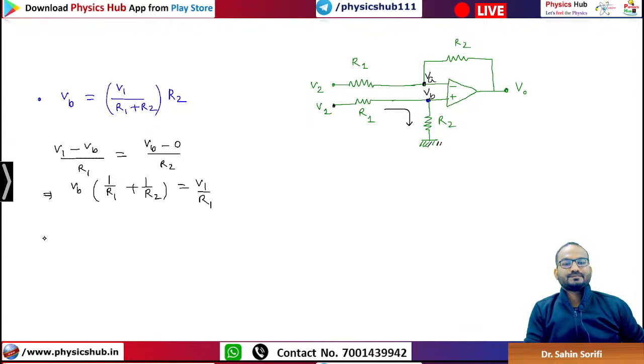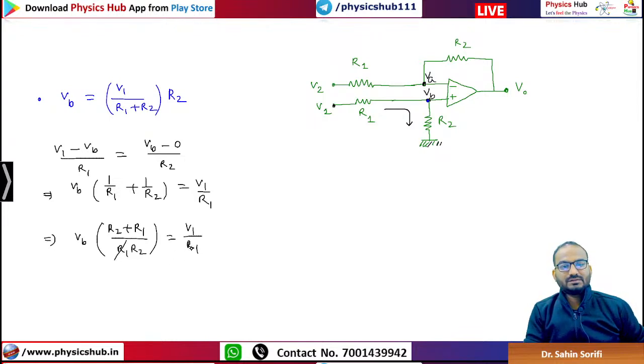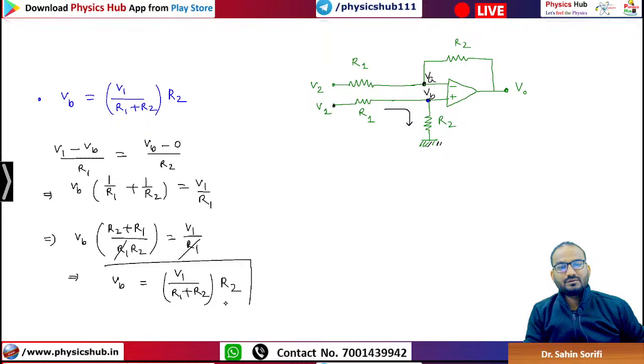Therefore, VB into R2 plus R1 by R1 R2 is equal to V1 by R1. This R1 gets cancelled. So ultimately VB is equal to V1 by R1 plus R2 multiplied by R2. So ultimately, we got the same result, right?